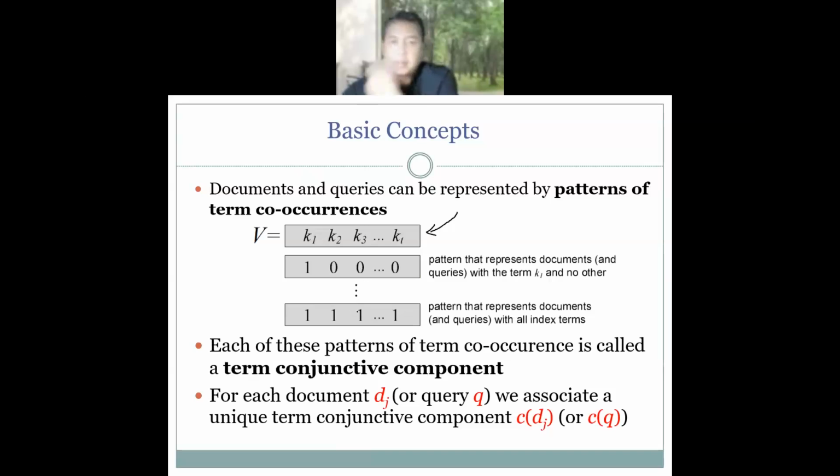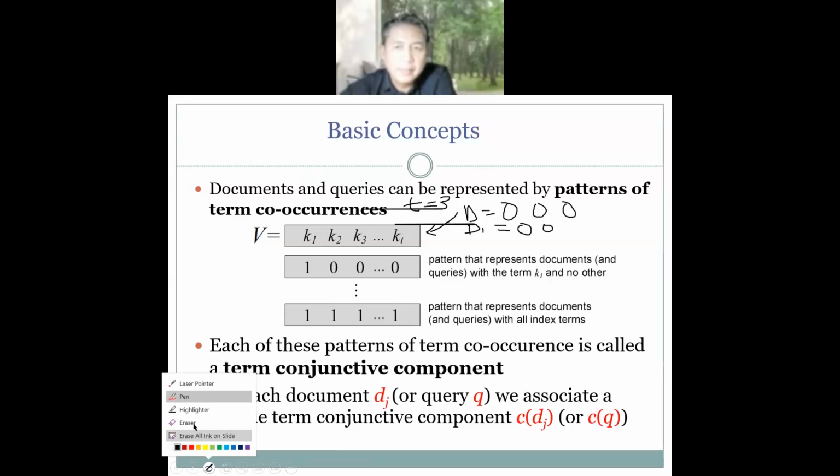For example, you have vocabulary up to T. Let's assume T is 3. The pattern we could have will be 0, 0, 0, meaning that this document is empty.